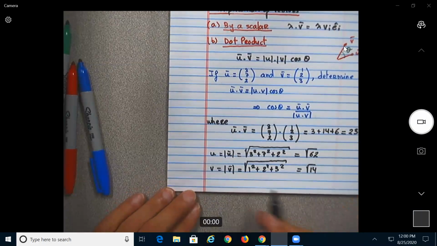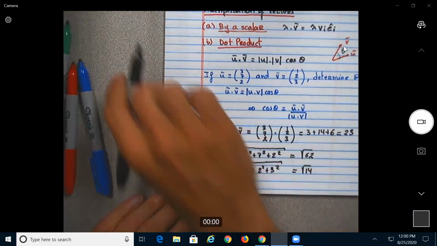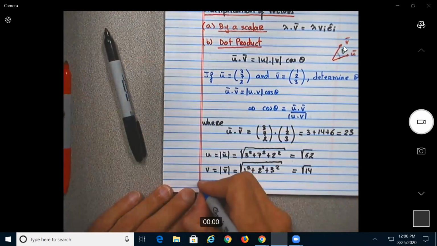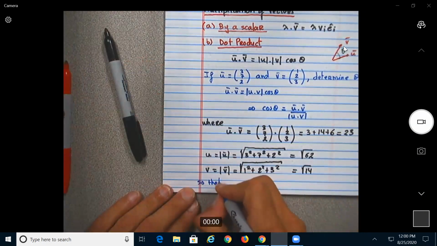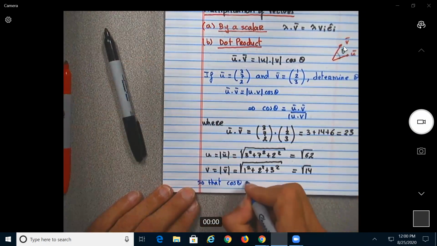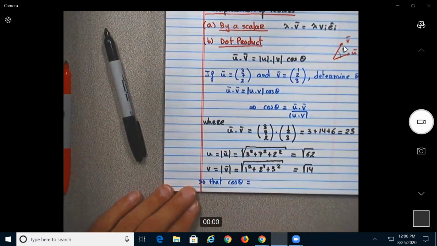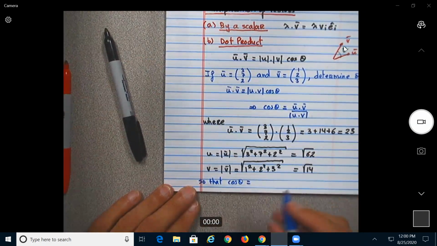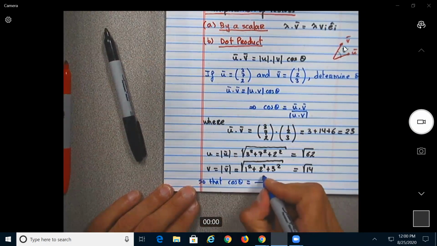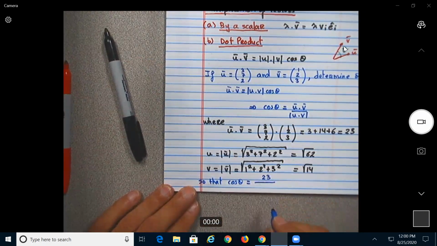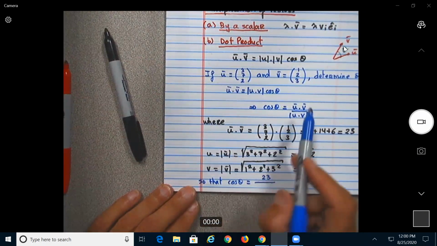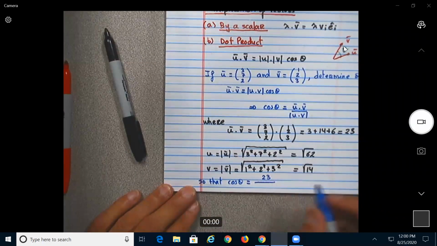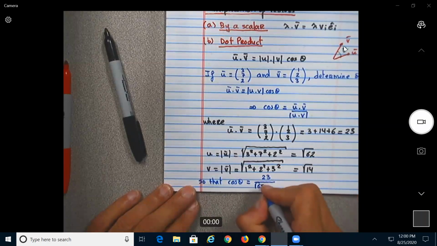So maybe I can keep everything in one page here. So at the end, cos theta will be equal to U dot V, which we know is 23, divided by the magnitude of both of them. That will be square root of 62 times square root of 14.